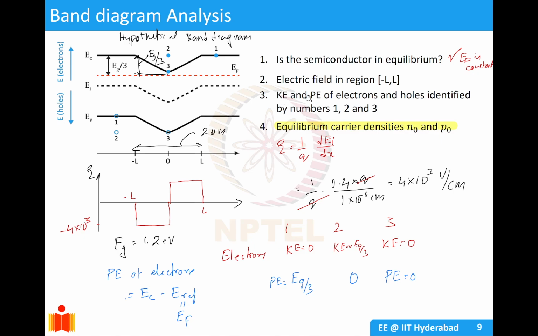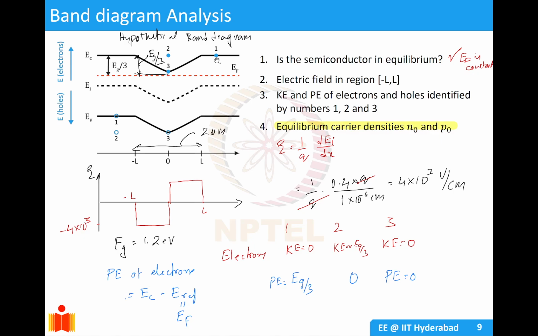Next is the kinetic energy and potential energy of electrons and holes, identified by numbers 1, 2, and 3. So for holes 1, 2, and 3 are here, and electrons 1, 2, and 3 are here. If the point is on the band, then your kinetic energy is zero because it's in equilibrium.